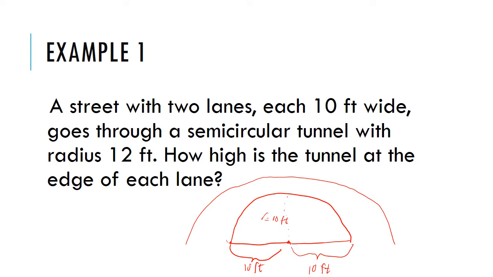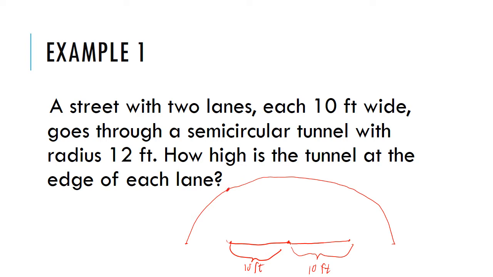Therefore, may sobra. There should be a clearance, an allowance between the edges of the lane, or where the lane ends, and the beginning of the tunnel. And that is actually what we are looking for.